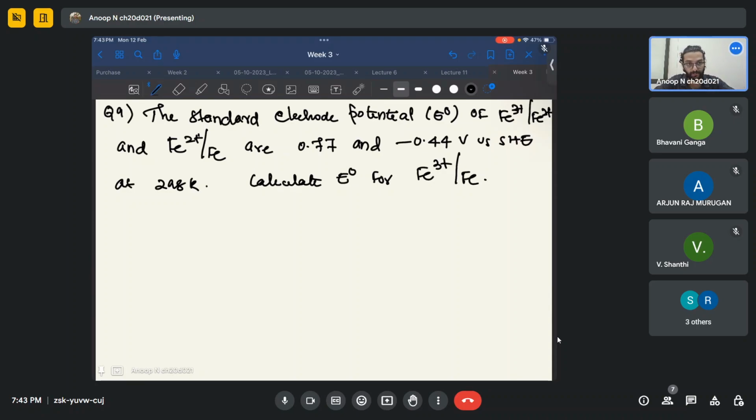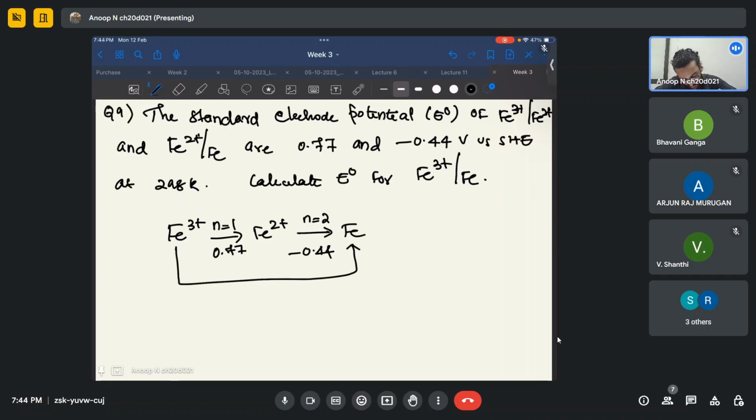Anyway, I'll give a hint. Here it's given Fe3+ gives Fe2+, which gives Fe. This is n equal to 1, a one-electron process, and n equal to 2. They're given 0.77 and minus 0.44. What we are asked to solve is this, which is n equal to 3. How can we write? I will give one more hint: delta G is a state function.